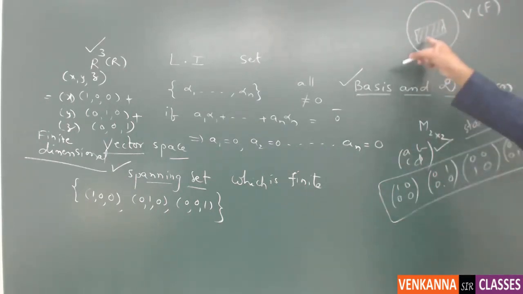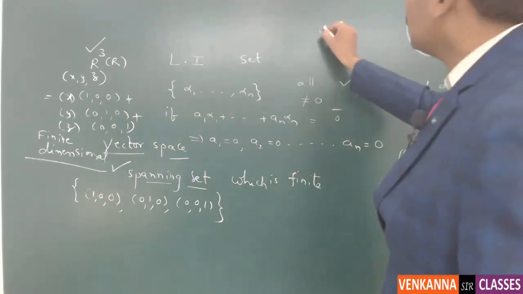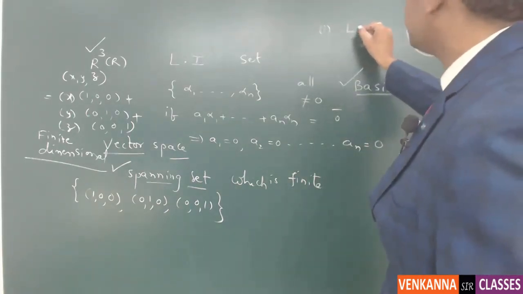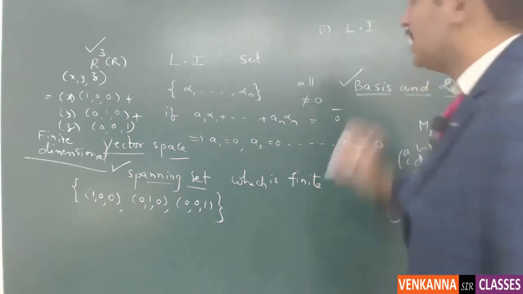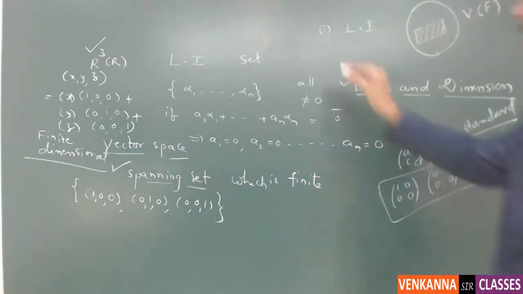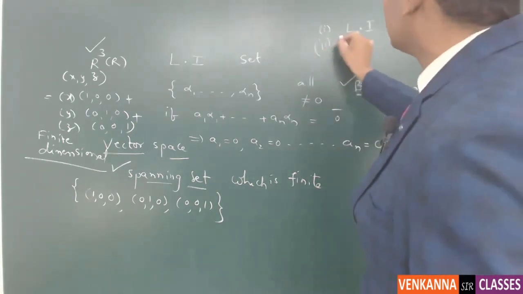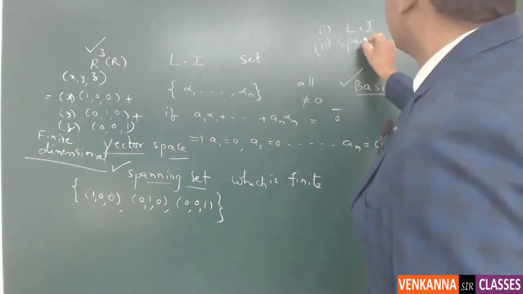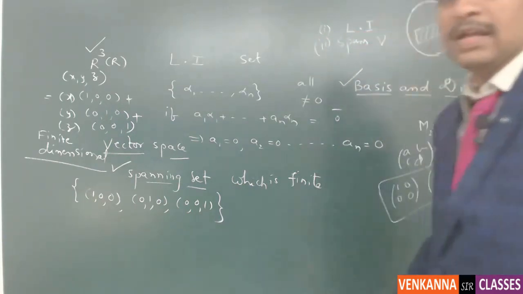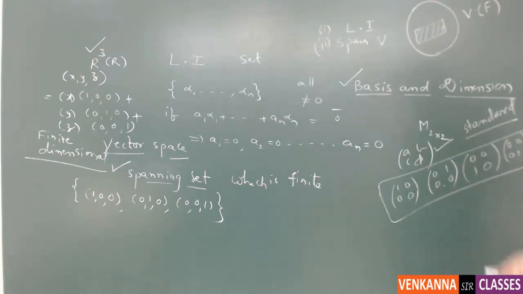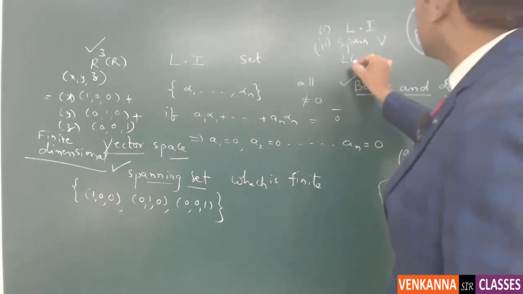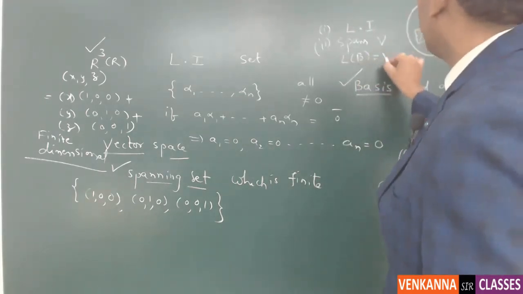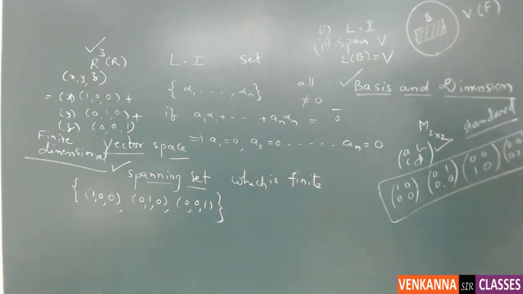If this subset has two properties, the first is that it must be linearly independent, and the second is that it spans the vector space V. In other words, if we name this subset B, then L of B is equal to V. What does it mean?